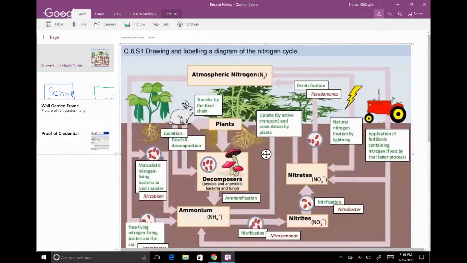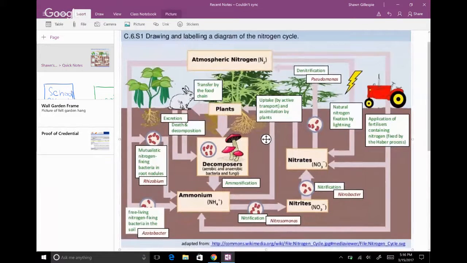Now, you don't need to know about the rhizobium, the azobacter. But what you do need to see is that right here, all these little nodules, and I'll outline them right there, this is a symbiotic relationship.